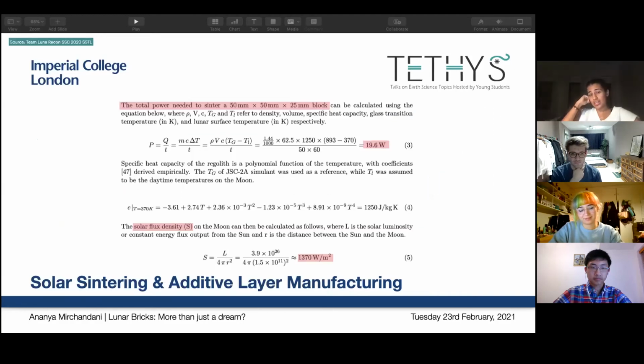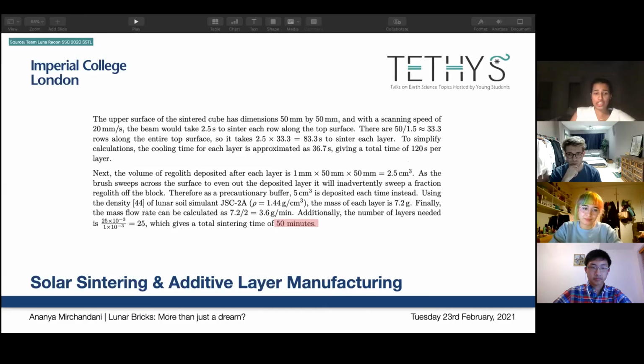So with our theoretical calculations, to our surprise, we calculated that it would take just 19.6 watts to make a brick that's 5 by 5 by 2.5 centimeters, which is crazy because that's the same amount of power you need to light your lamp. We can see here with the bottom calculation, number 5, that there's abundant solar flux density on the moon to facilitate and provide energy for this brick making.